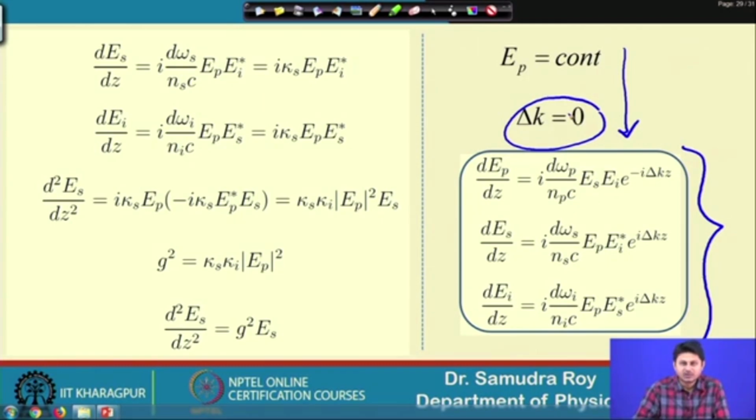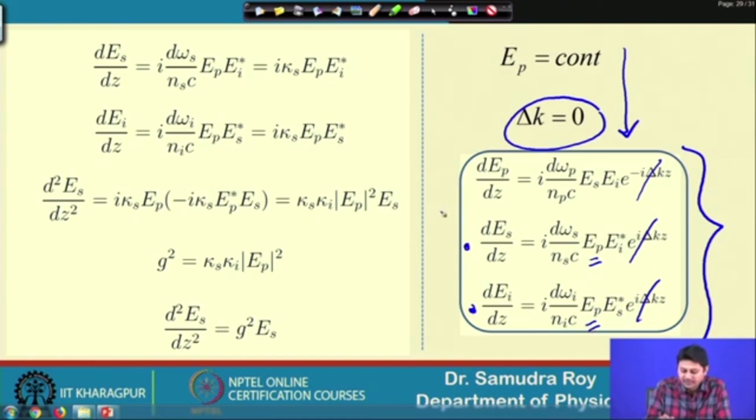So, when delta k is equal to 0, this term and this term will not be there, that is one assumption. And secondly, in Es and Ei, these two equations are important here. Ep is sitting in both the cases, and this Ep will remain constant, that means we can treat it as a constant.